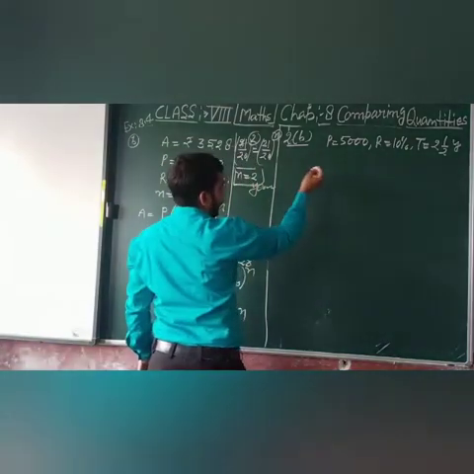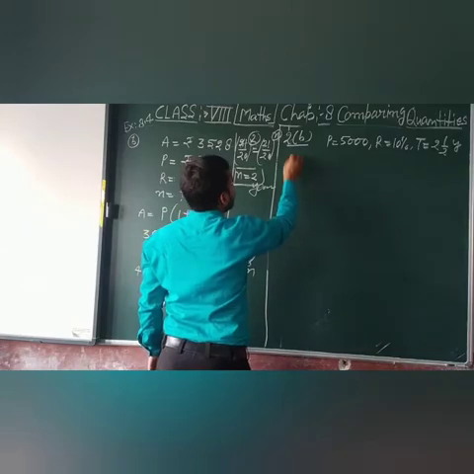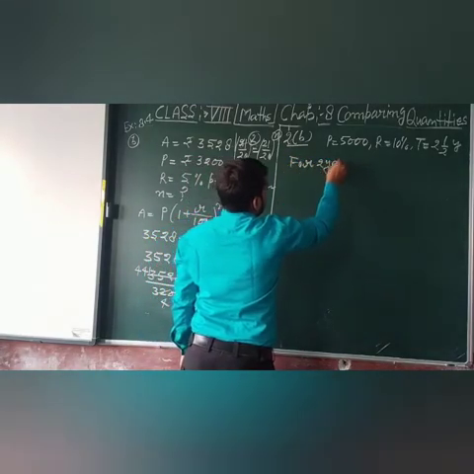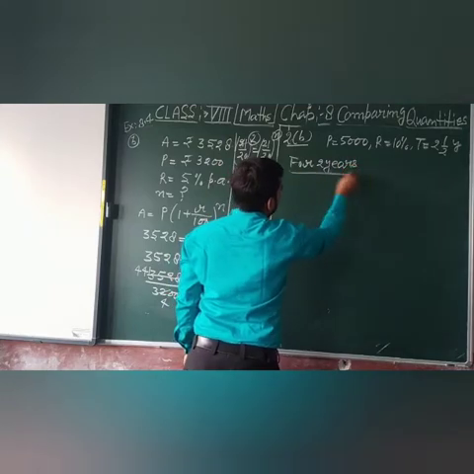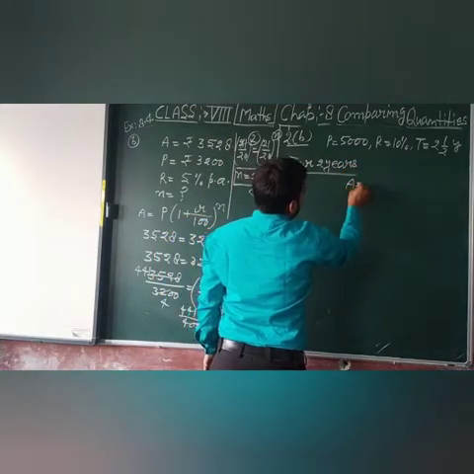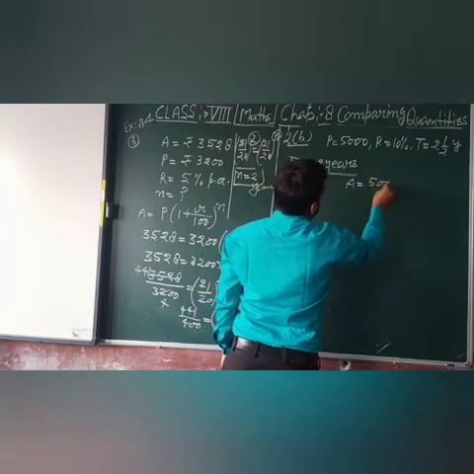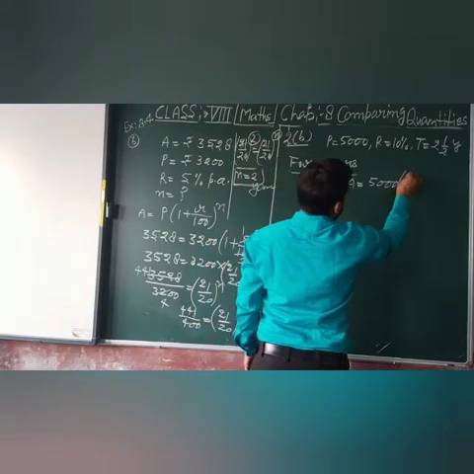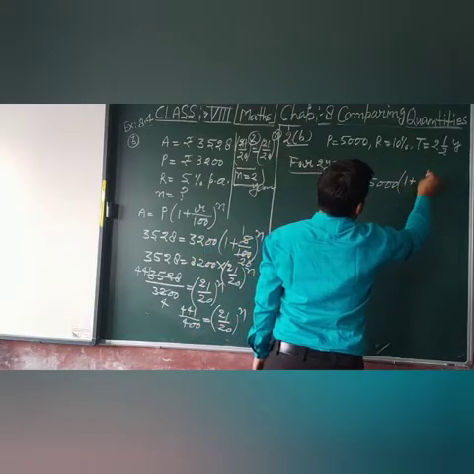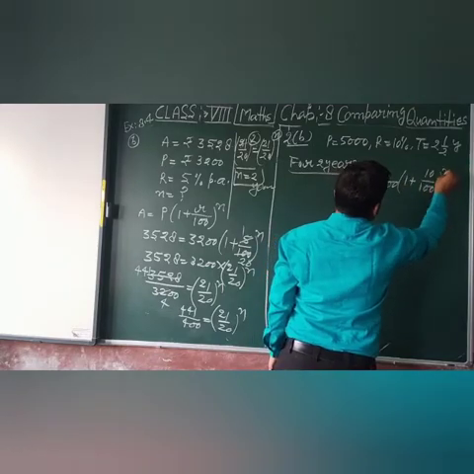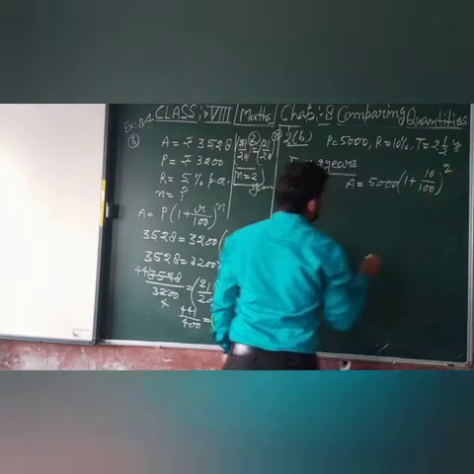So first we have to find out for 2 years. Amount equals principal times (1 plus R upon 100) whole power n, where R is 10 and n is 2 because we are finding for 2 years.